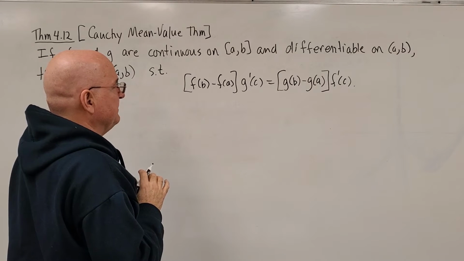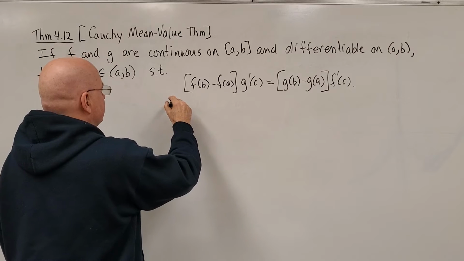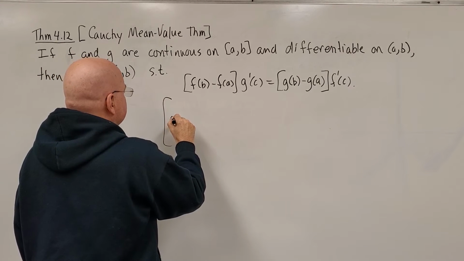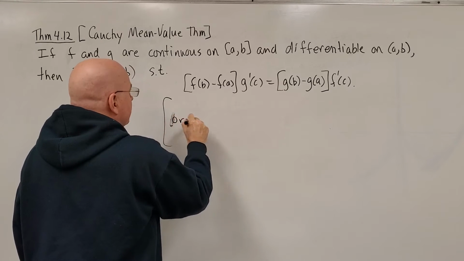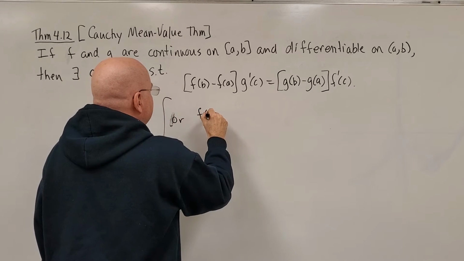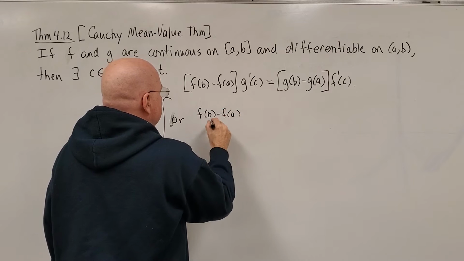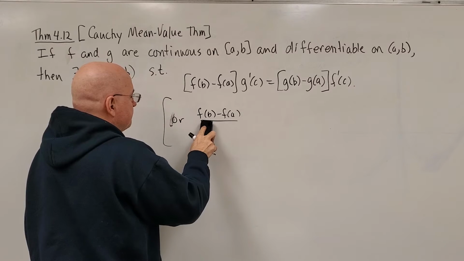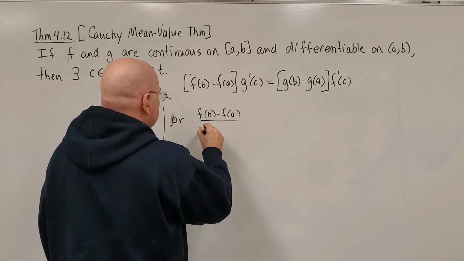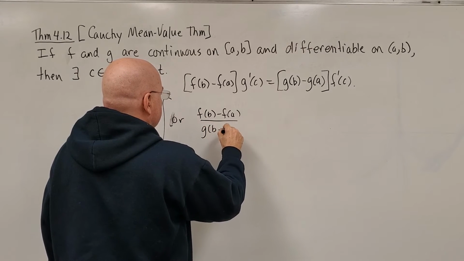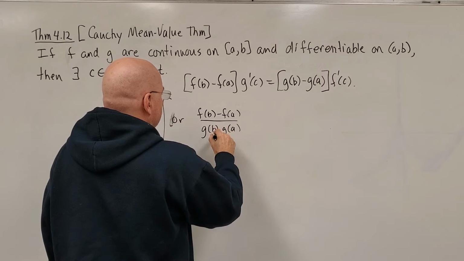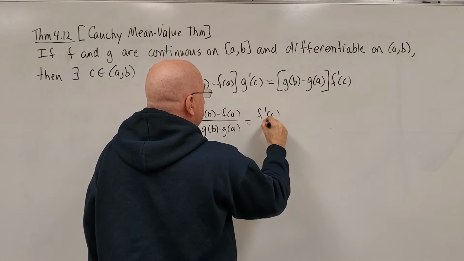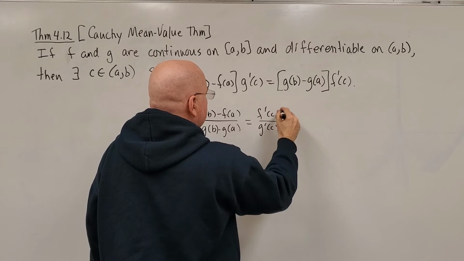You'll see it frequently written in textbooks as, I'll put it in brackets here, or you could write it like f of b minus f of a all over g of b minus g of a, equals f prime of c over g prime of c.